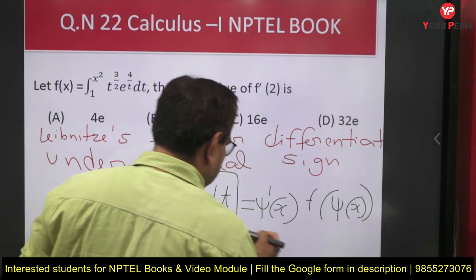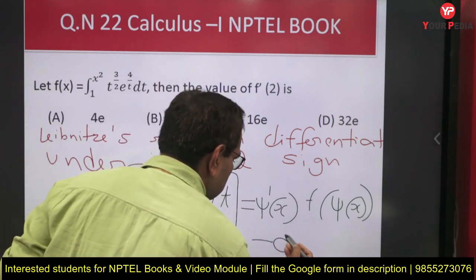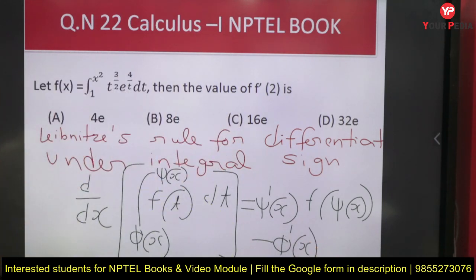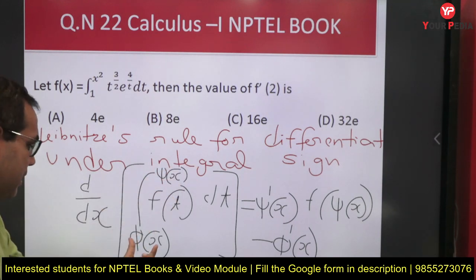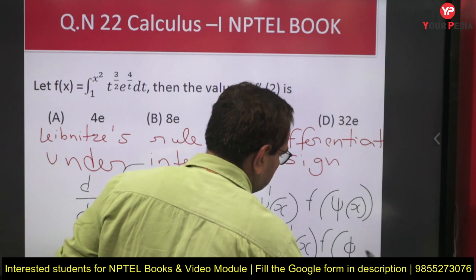Then minus the differentiation of the lower limit with respect to x, so phi dash x, multiplied by f where we replace the argument t by the lower limit phi x, so it is f of phi of x.